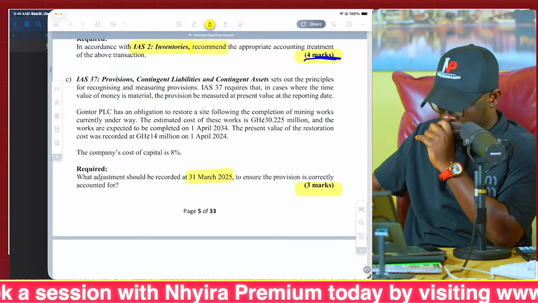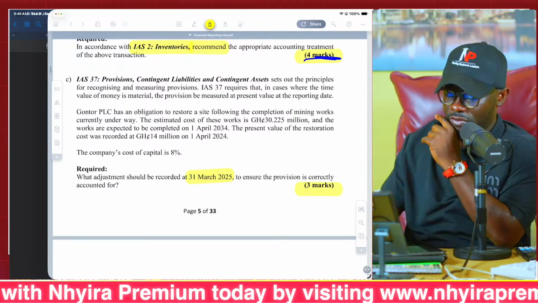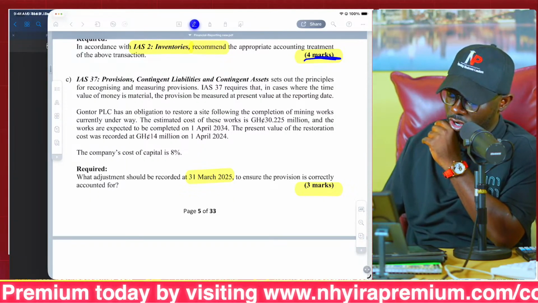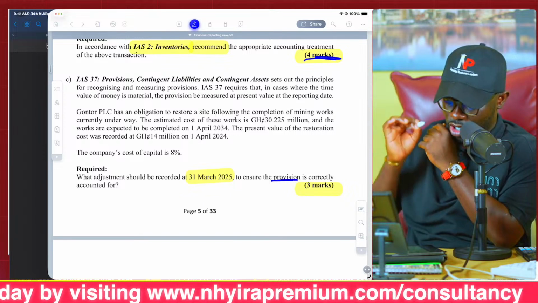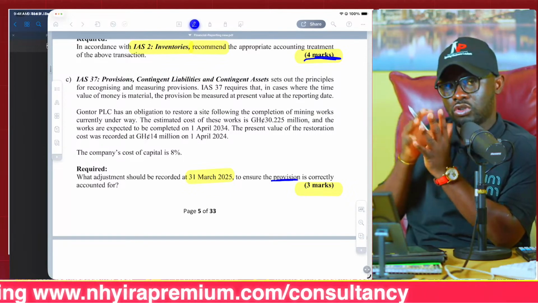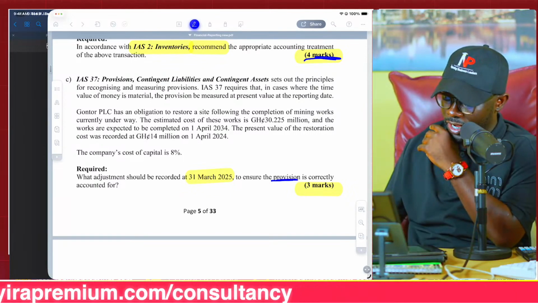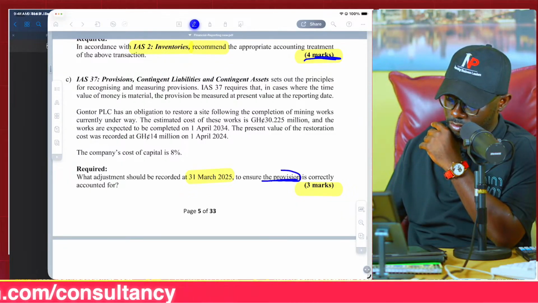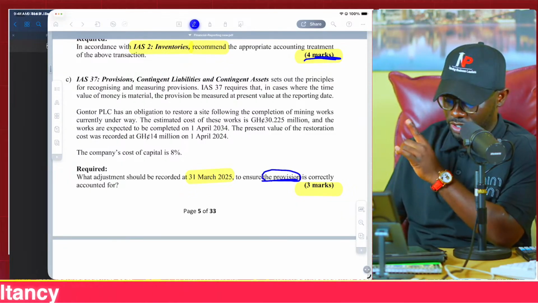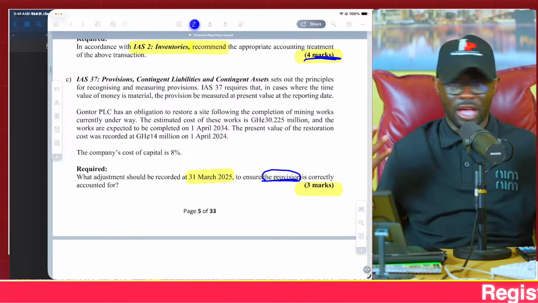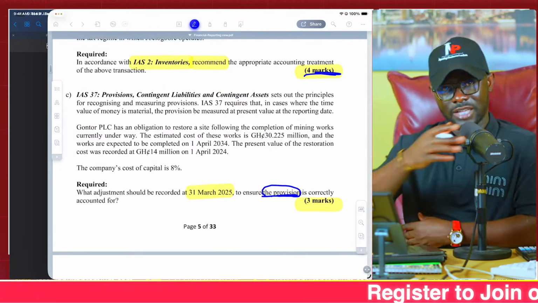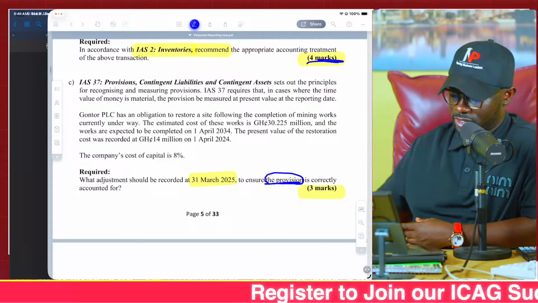But you've got to be careful here because it says to ensure the provision is correctly accounted for. So the focus here is on the provision. Got to be careful on the provision. Now, immediately I hear provision, IAS 37 is coming to town, as stated in the preamble of the question.